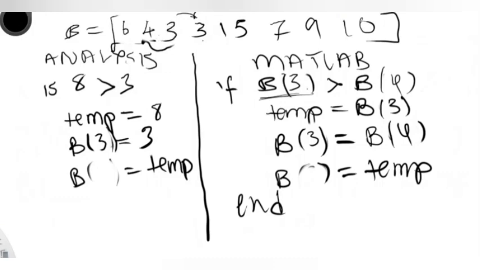So we need to put 8 where this 3 was. So we just say B4 is equal to temp. Again here, B4 is equal to temp, meaning we're just going to have 8 here.